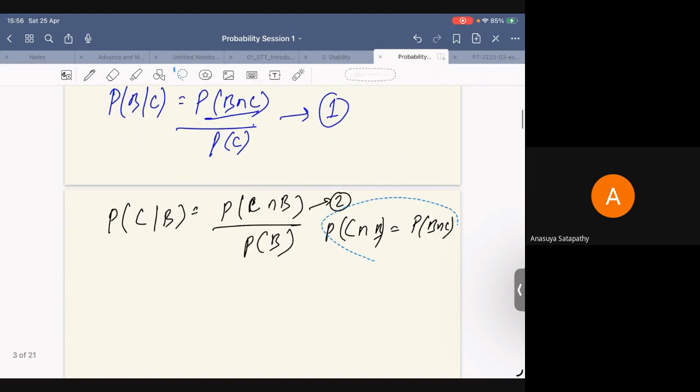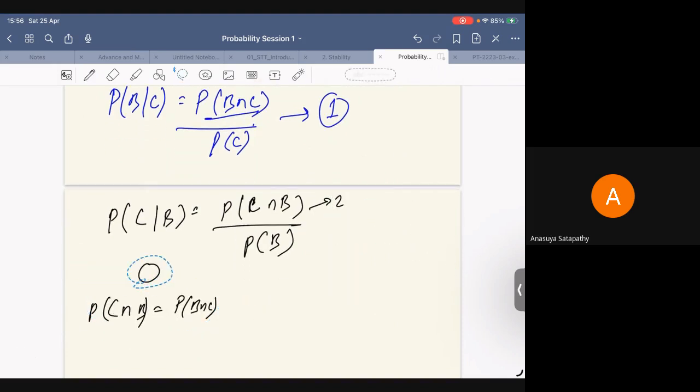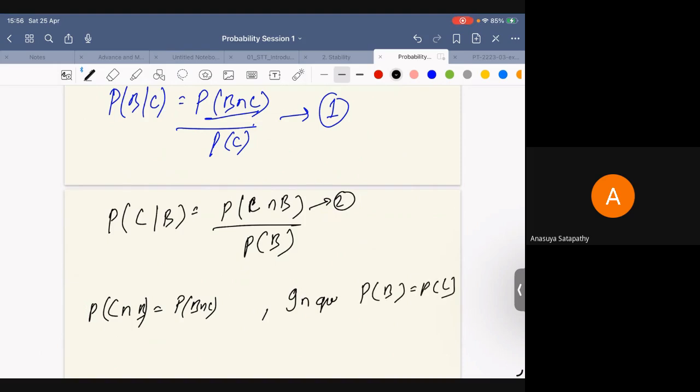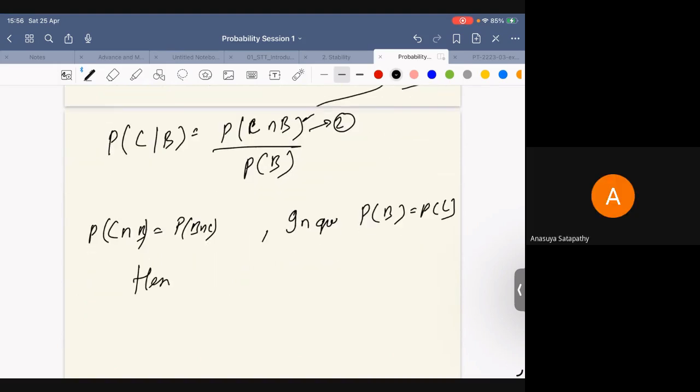In the question it is given that P of B equals P of C, right? So I can write this as P of B intersection C by P of B. Isn't it the same as this one? So what did I prove? Hence, P of B given C is the same as P of C given B, which is equal to 1 by 3.